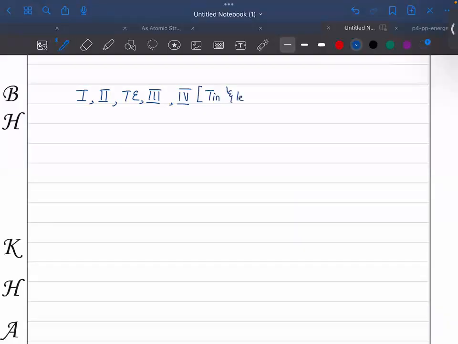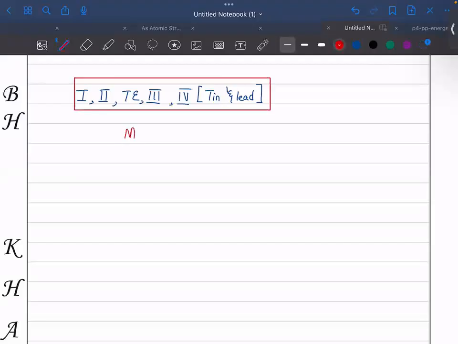Right? We must have discussed about it. If any element from group 1 to transition element, group 3 or group 4, all these elements are considered to be metals, right? These all are metals.